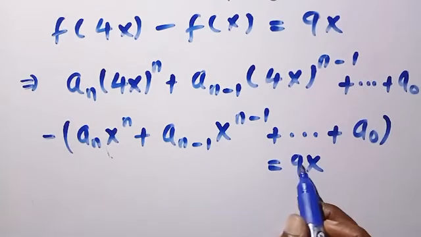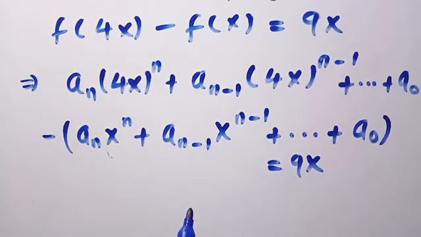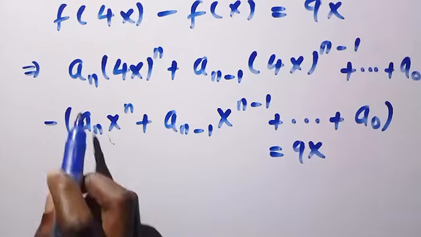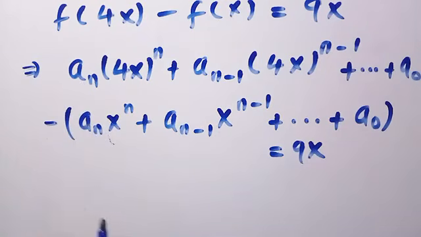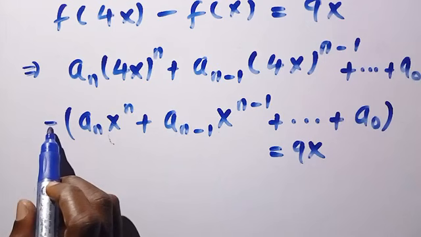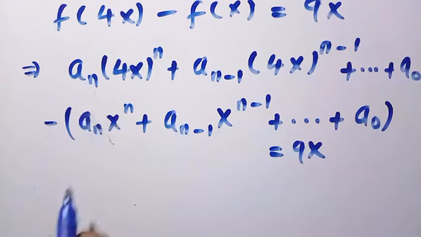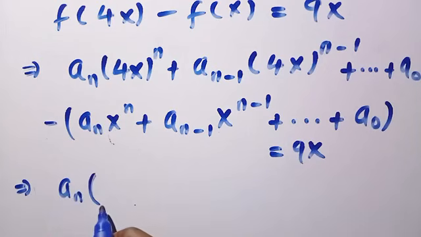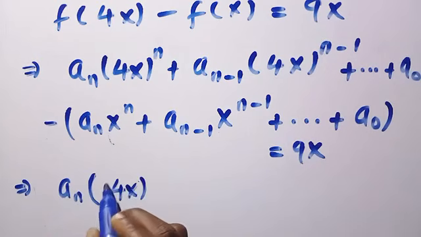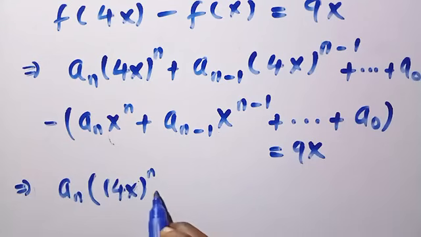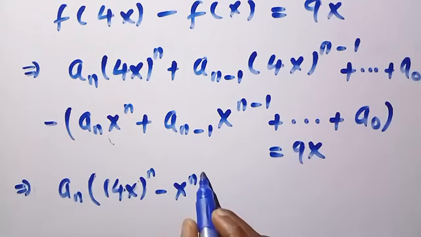And let's try and combine this. The first one, we have this as an, and this is also an. Why is this one minus? So if I take out an from here, an open bracket, in this we are going to have 4x all raised to the power of n, then minus x raised to the power of n.